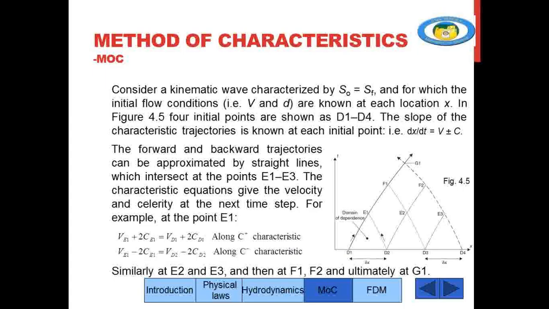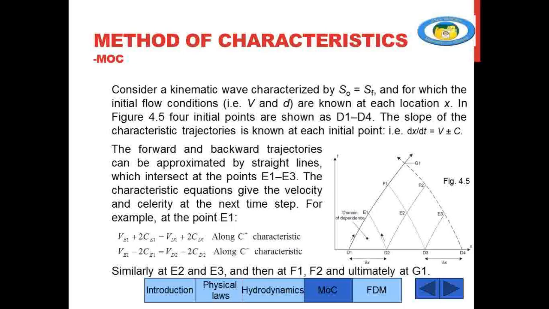That's going to be the same as the Riemann invariant at E1 because they both lie along the forward characteristics. And the Riemann invariant at D2, which lies on the backward characteristics, is V D2 minus 2 times celerity at D2.